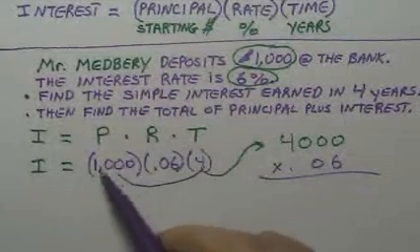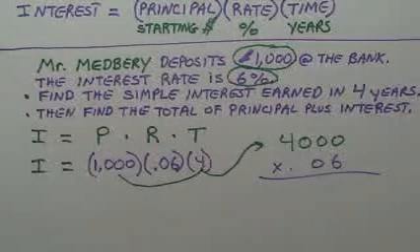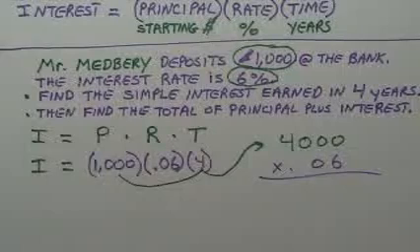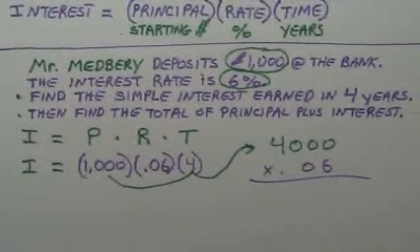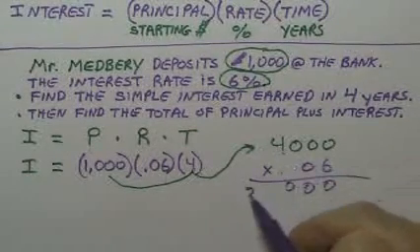And what property is that if I move things around? If I change the order of how I multiply, what property is it? Commutative property.